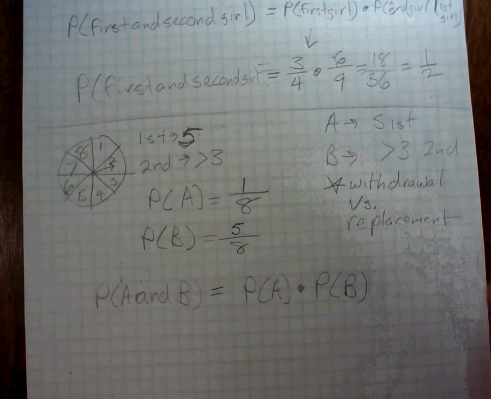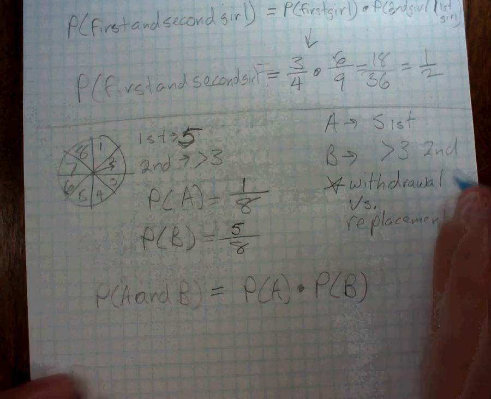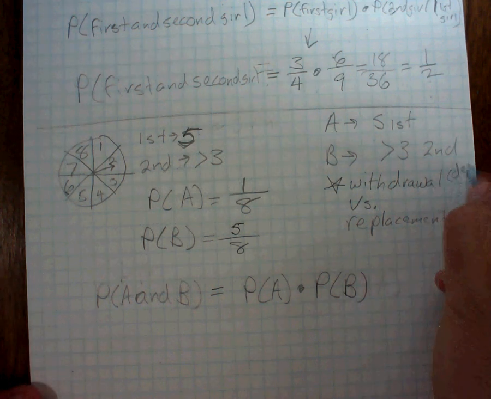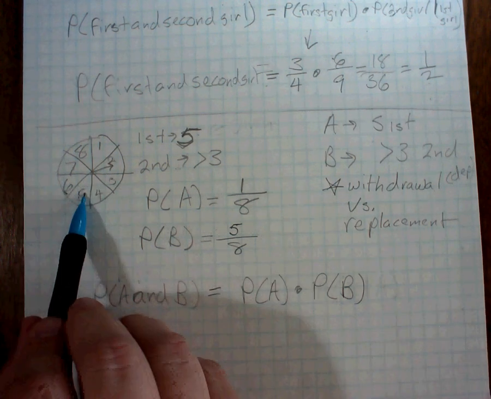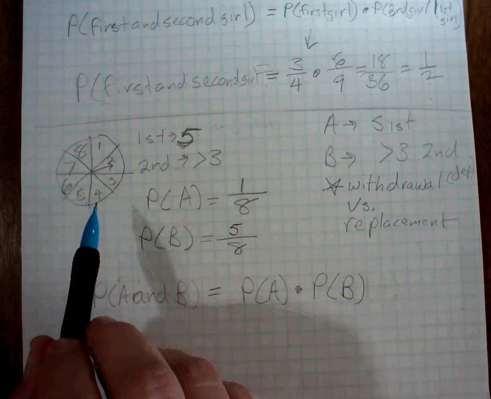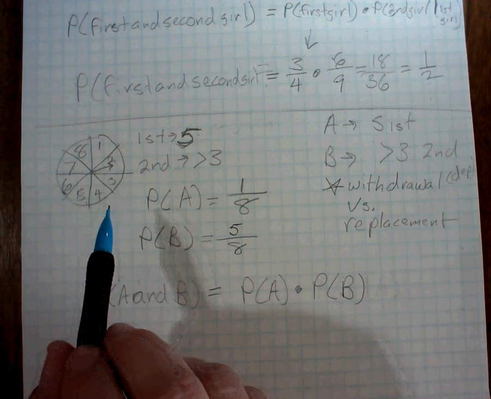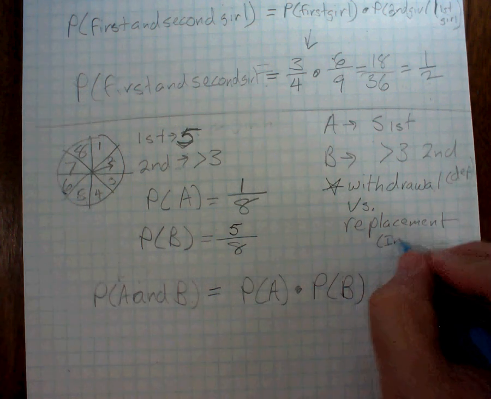So that would be what we call withdrawal. Withdrawal is almost always dependent. But replacement, if I spin a 5 and I spin again, I can still spin a 5. So the first spin is completely independent of the second spin. So replacement is almost always independent.